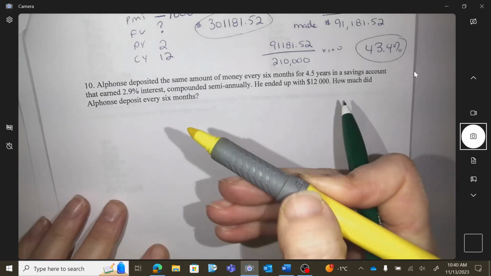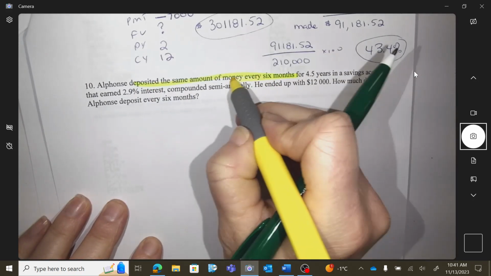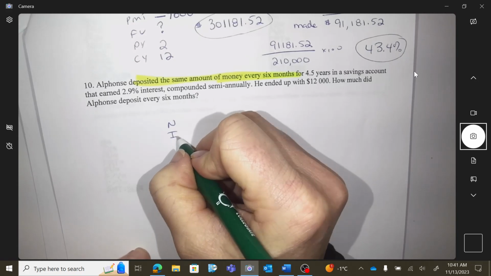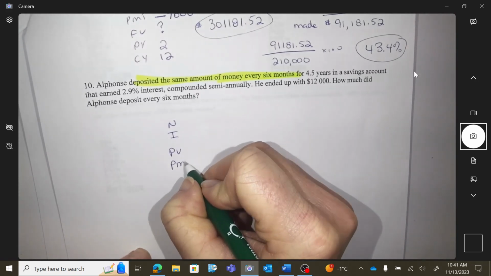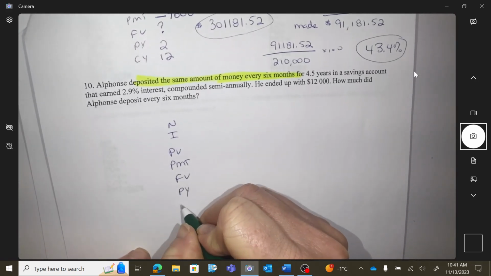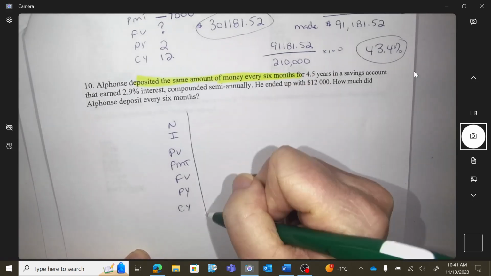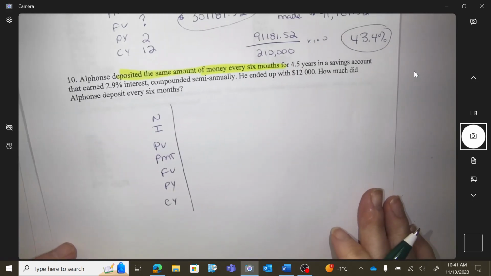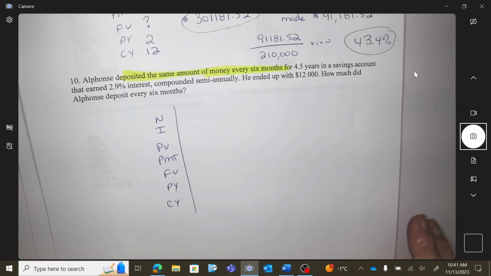Okay, depositing the same amount of money every 6 months. As soon as I've read that sentence, it tells me app. Depositing money every so and so often, boom, app.